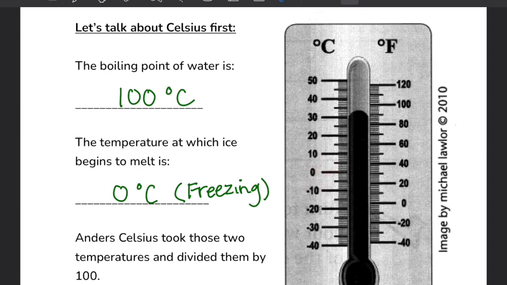When he noted those two temperatures, he divided that distance by 100. So he created 100 steps between the freezing point of water and the boiling point of water. That scale got adapted into the scale that we're using today.